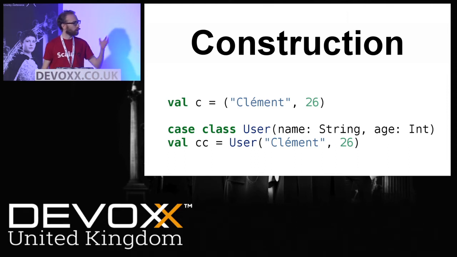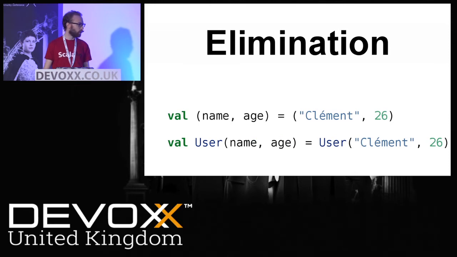To create it, I just put two or more values together, either in a tuple or in a case class. That's just it. A product type is just putting several values together, nothing more. And you can also eliminate it. Since we know we always have these values, we can deconstruct it directly when assigning variables. You're not forced to do that in a match block. Basically it's a way of mashing values together.